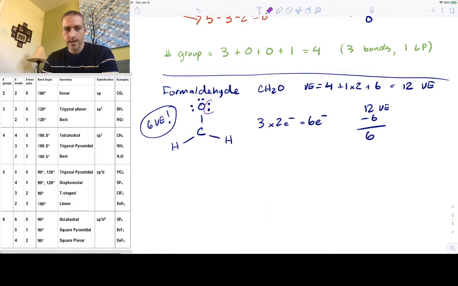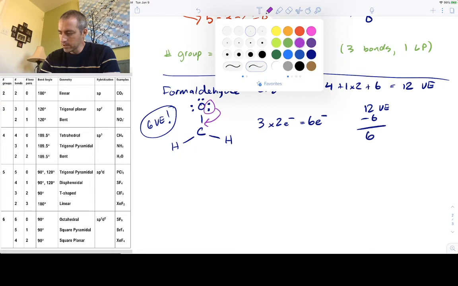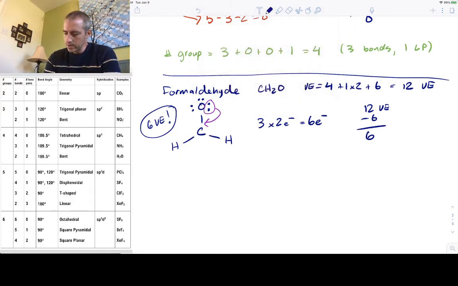So if we look at one of those lone pairs, what we want to do is drag it down, and we're going to draw our new structure, which is now going to look like this. Carbon double bond oxygen. We only have 2 lone pairs left on the oxygen because we used one to make that second bond.